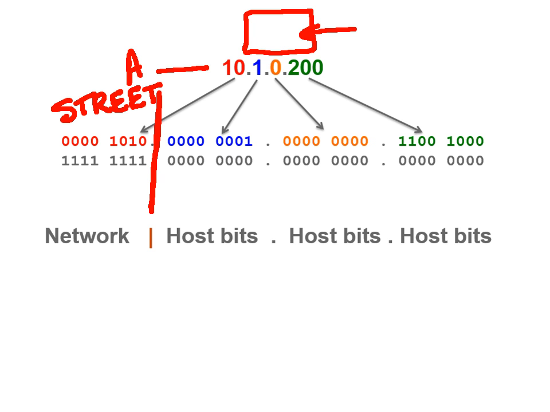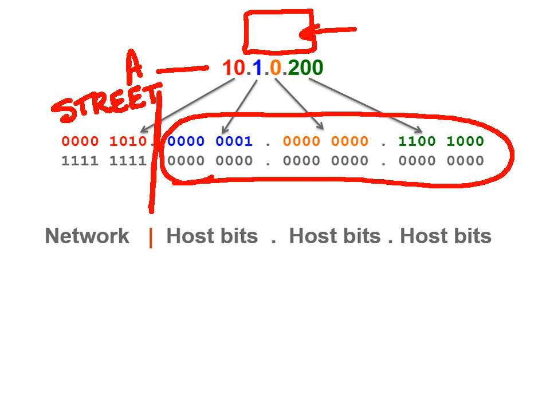And the remaining bits, the 1.0.200, represent the actual host or house, the PC's house number, if you will, on that common network. And what happens in the background is the mask is also in binary. So the mask is simply saying, give me, give me, give me. What do you mean, Keith? Give me, give me, give me.